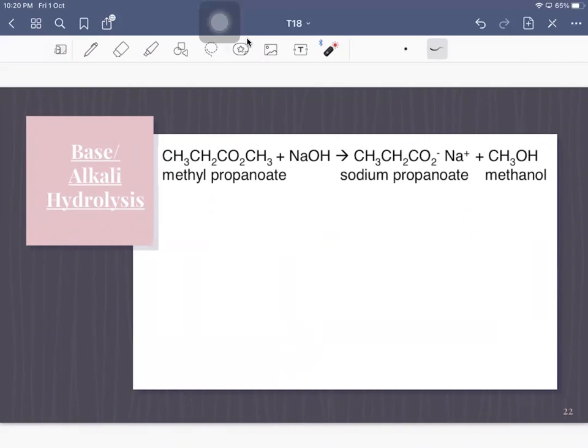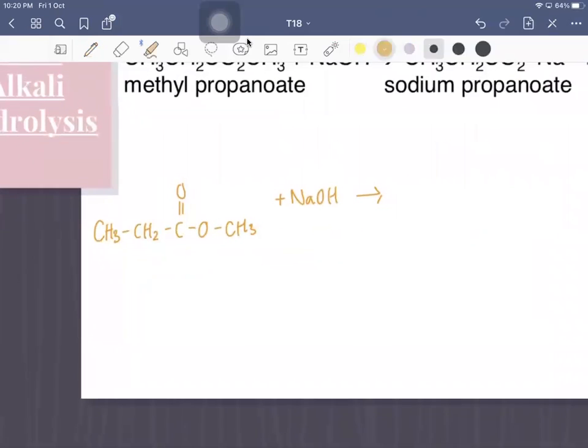First, we look at methyl propanoate. Okay, so again, I will only focus on the ester bond, COOCH3. Okay, and then we have sodium hydroxide, right? Same thing, I will highlight the ester bond, COOC.